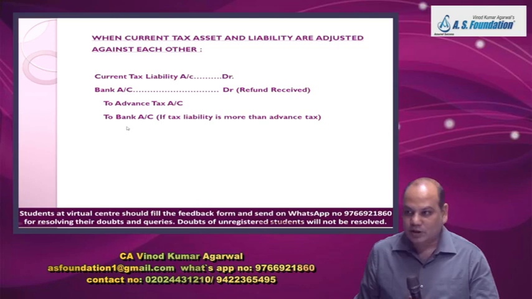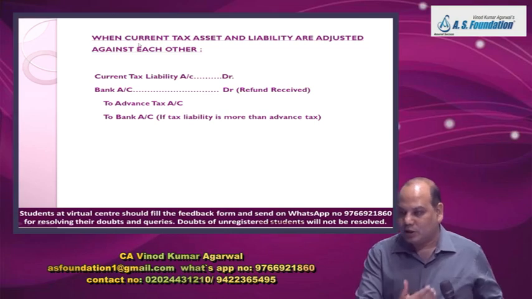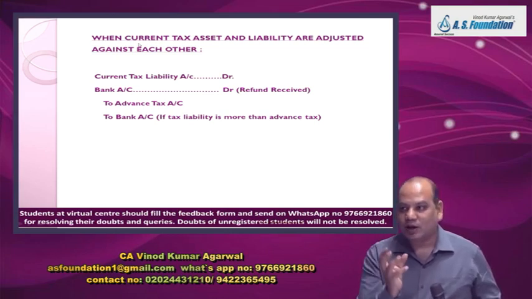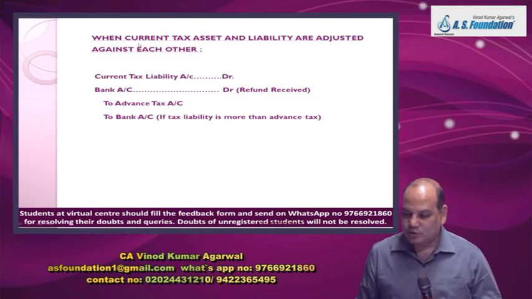We have just presented it in a simple way. Accounting for current tax is simple. It's based on actuals. The liability that you have to provide is given by the actual taxable income that you calculate as per the law. The advance tax you are paying is of course an actual figure, because you are writing a check, and when you settle it, all these are actual.